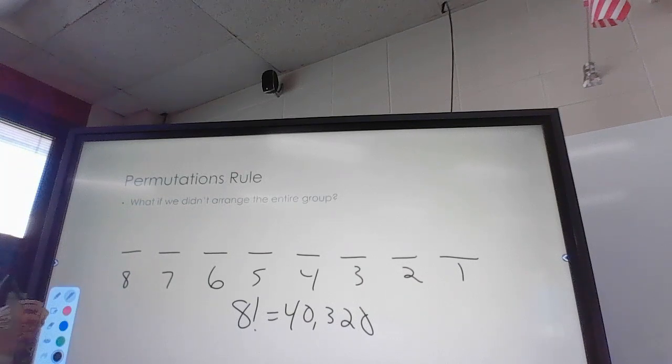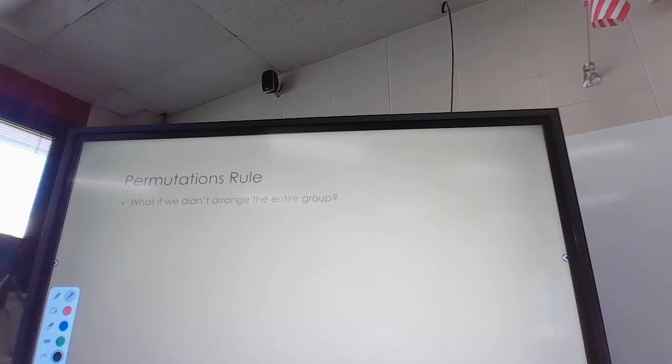But what if we didn't arrange the entire group? Because we do run into situations where we're trying to arrange a certain group of people, but we're not using everybody in that group. So the question is, let's say we're having a dinner or an open house, and we have 8 people in this open house, but we only have 5 chairs.